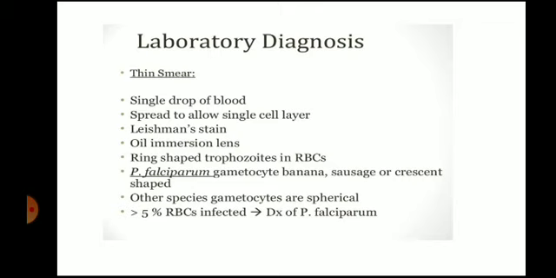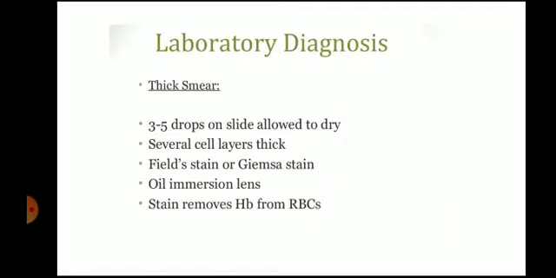For the thin smear, we take a single drop of blood and spread it into a single cell layer, stain it with Leishman stain and view it under the oil immersion lens. Ring shaped trophozoites in the RBCs are seen. Falciparum gametocytes are seen as banana, sausage or crescent shaped. Other species gametocytes are spherical in shape. If more than 5% of RBCs are infected, a diagnosis of falciparum is made.